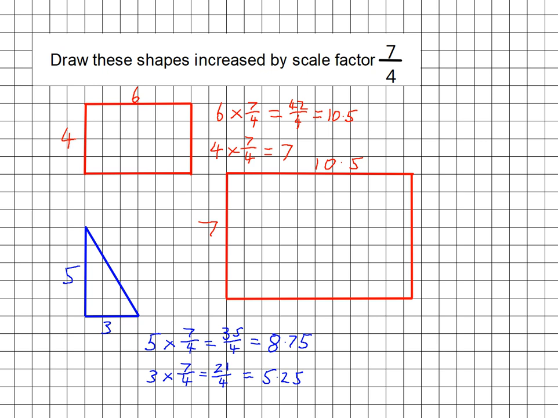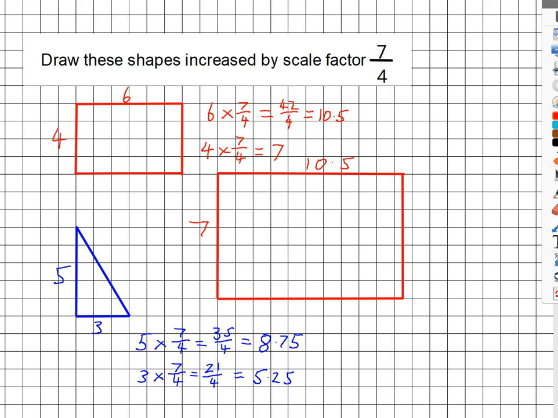Okay, so that's probably going to be too big to fit in the remaining space, so my triangle is going to end up overlapping my rectangle here. That's okay. They're different colours, so it's clear to see which one's which. So starting here, we're going to go up by 8.75. 1, 2, 3, 4, 5, 6, 7, 8 and 3/4.